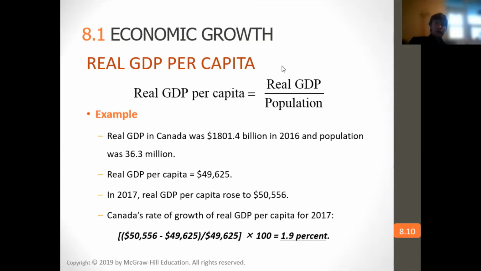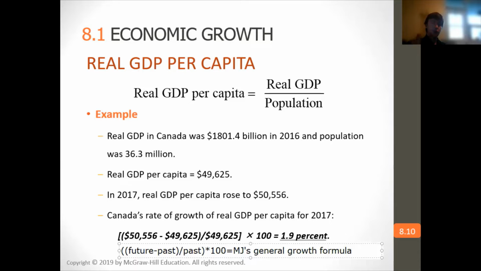The best thing to think of it is future minus past divided by past times 100. You can apply this formula. This is kind of my general growth formula. I think that's the best way to think of it because you can do it for any growth.